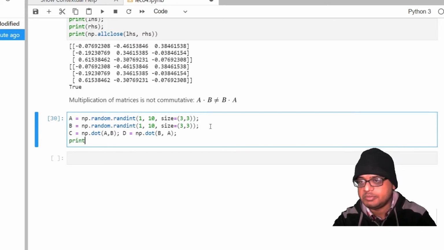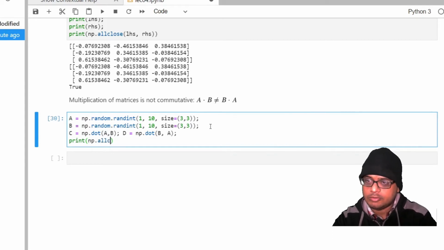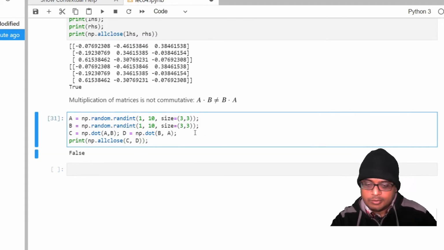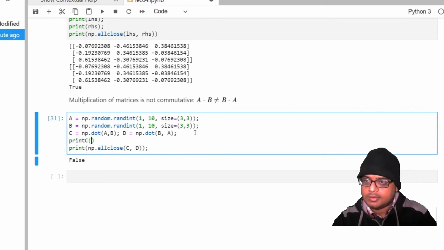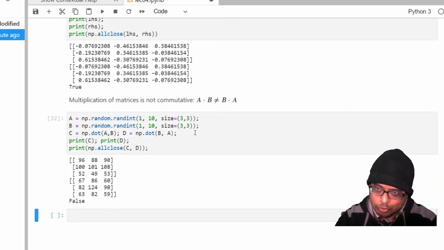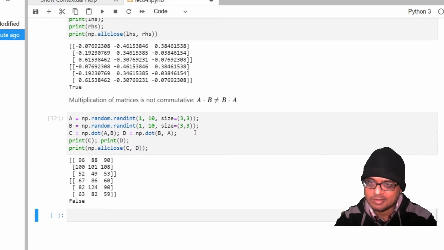So let us simply print np dot allclose C comma D, and it says false, quite obviously, because this theorem is obviously correct. The two products are different, and hence the result.